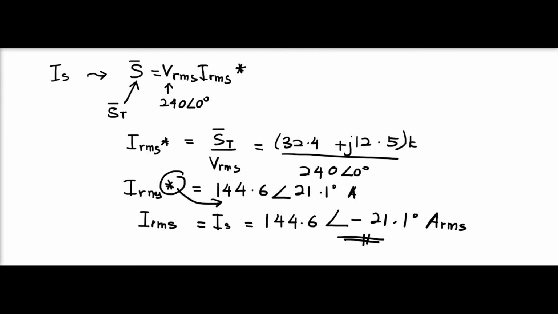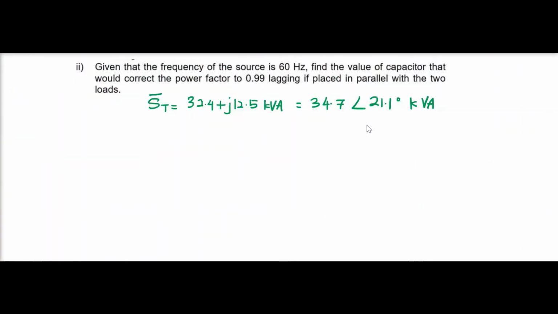The last question is to find the value of the capacitor, C. The formula for C is QC over omega V RMS squared. Omega is 2 pi F, and you are given F is 60 Hz. The new power factor is 0.99 lagging.